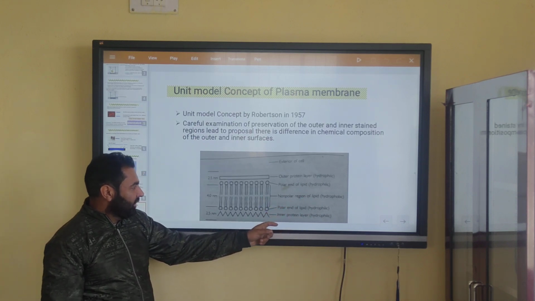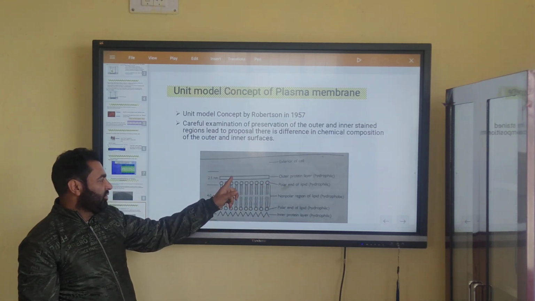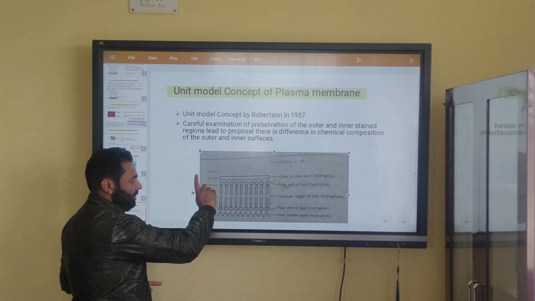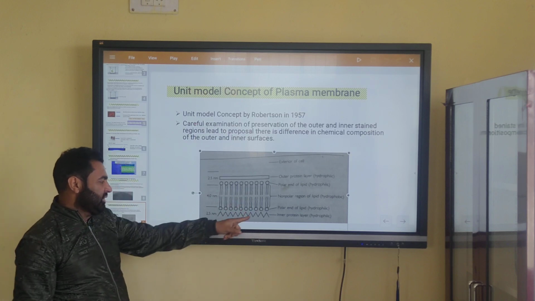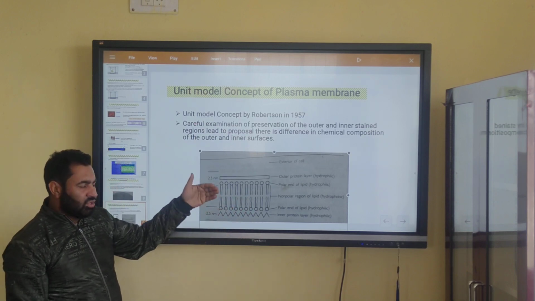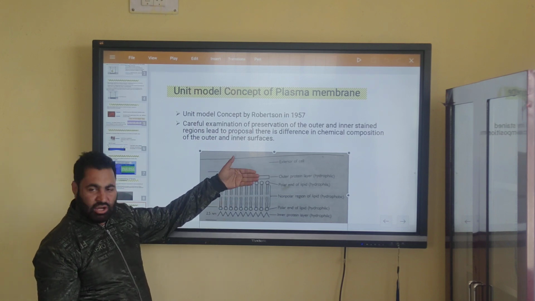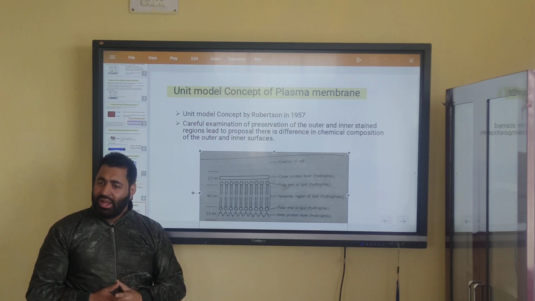Then the inner protein layer is also hydrophilic, but it is different. You can see here we are demarcating it by means of this, and here we are demarcating it by a zigzag line. That indicates these proteins are different. The proteins present outside differ from those inside; this is called asymmetry of the plasma membrane. It is not symmetrical.